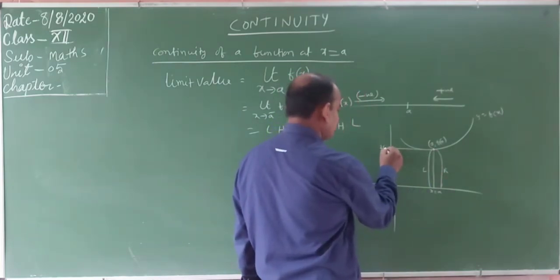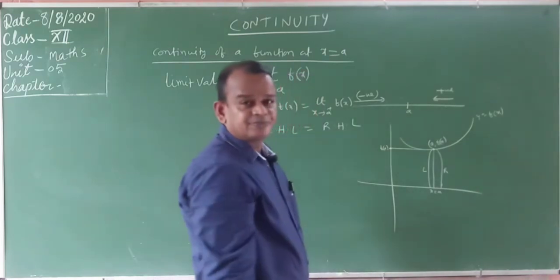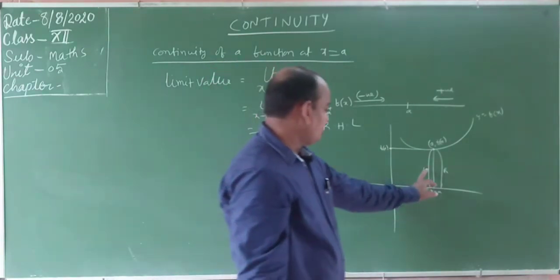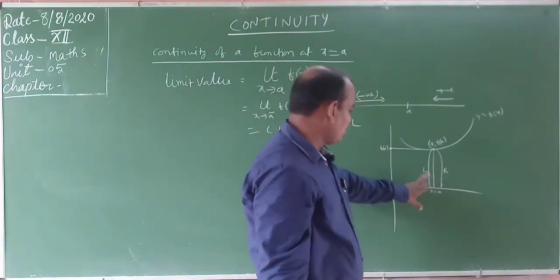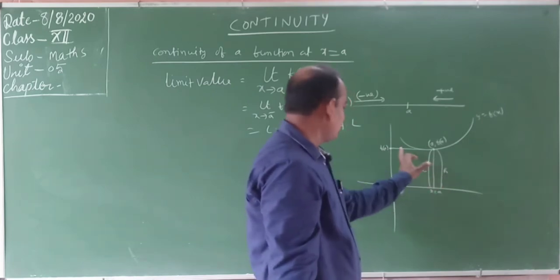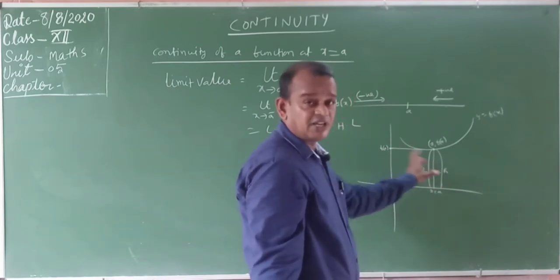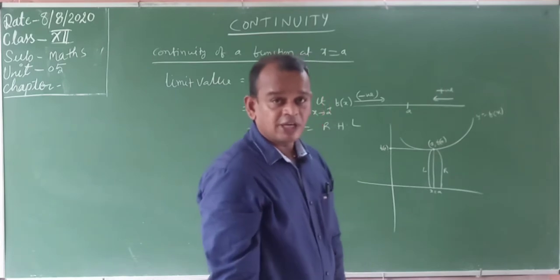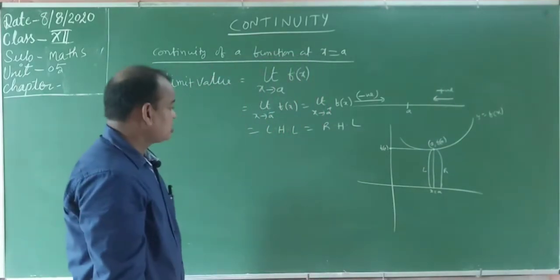This point is 100% f of a. Y is equal to f of a. The left hand limit and right hand limit are equal, and the function value is equal. These three are equal, 100%.